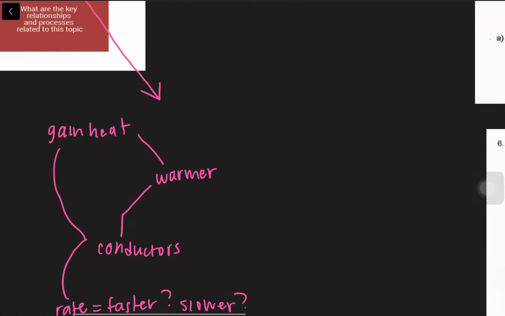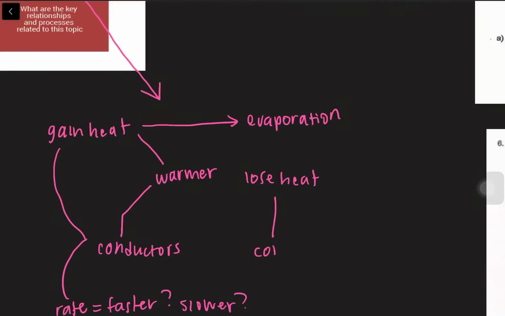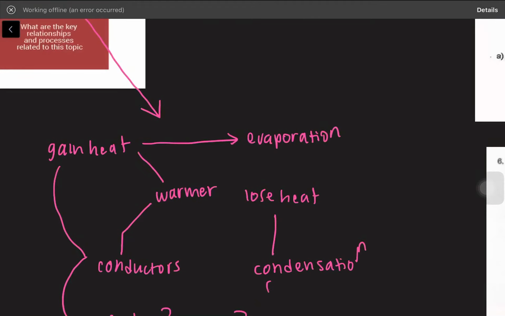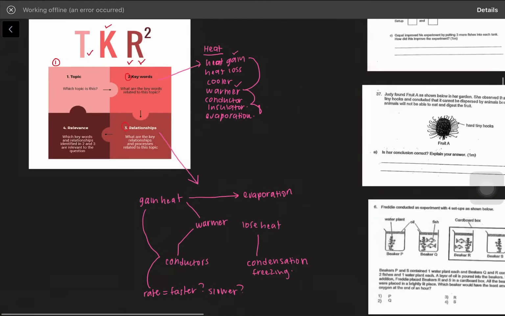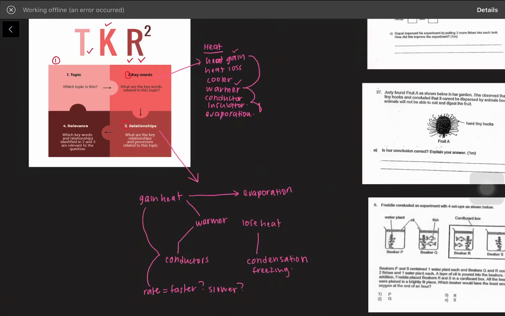Another example would be gain heat and evaporation. Lose heat and condensation, or freezing even. Alright, so this is how you draw relationships in relation to your keywords.